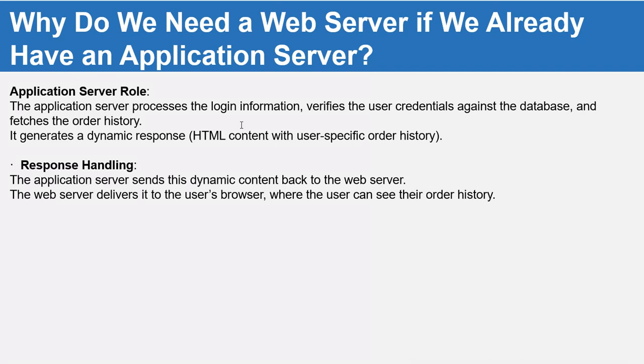The application server processes the login information, verifying the user credentials against the database, and fetches the order history. It generates a dynamic HTML response with the user-specific order history and sends it back to the web server. The web server delivers it to the user's browser, where the user can see their order history. So this is basically the flow.